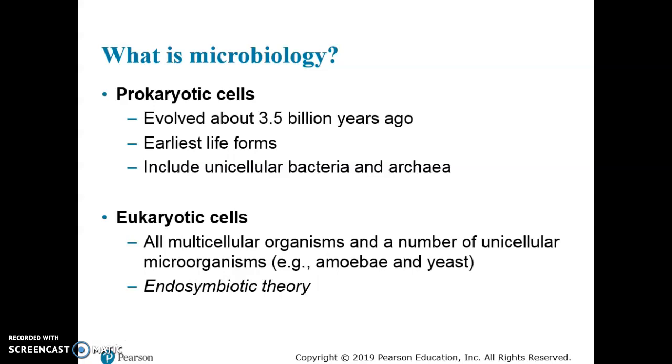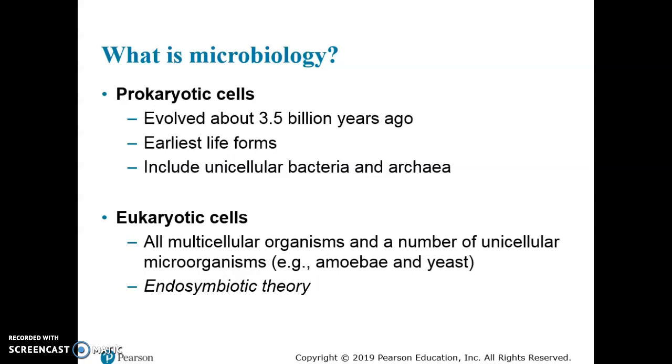So two bacteria, one big, one little. The big bacteria cell engulfs the little bacteria cell, and then that little cell becomes part of the big cell, and that is, in theory, how the nucleus developed in the eukaryotic cell.